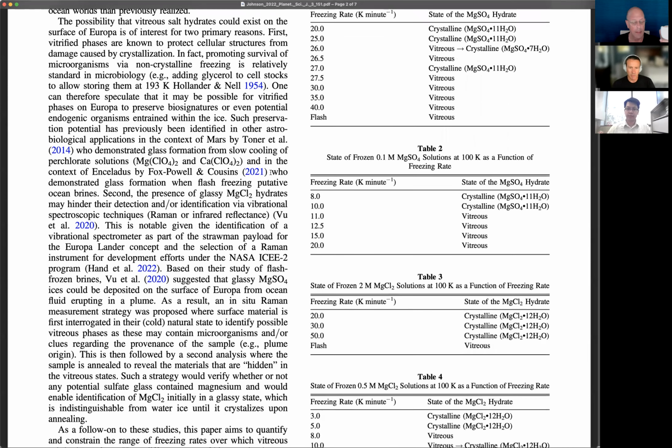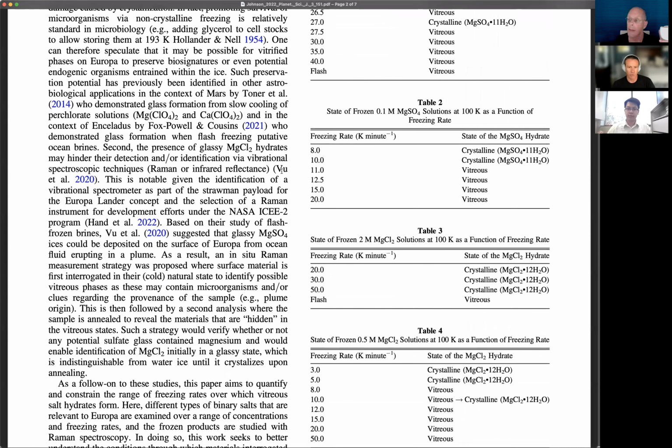The experiment is a fairly simple one. We take solutions of known concentration. We have a cryogenic sample stage for our Raman microscope, which holds a microscope slide that we can deposit an aliquot of solution on, and then cool it at a controlled freezing rate.